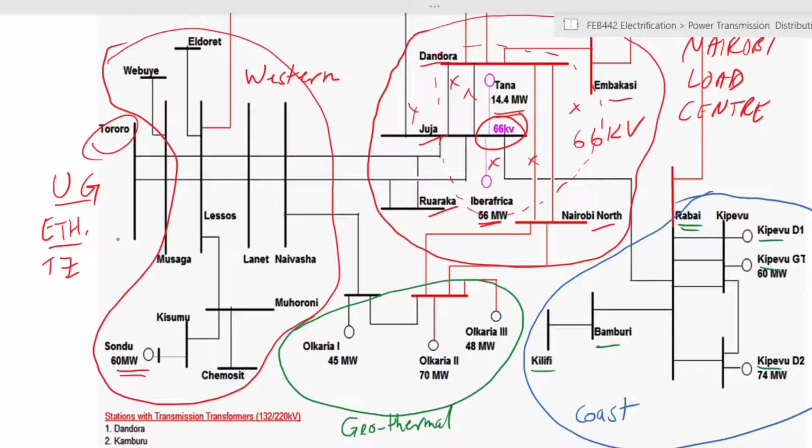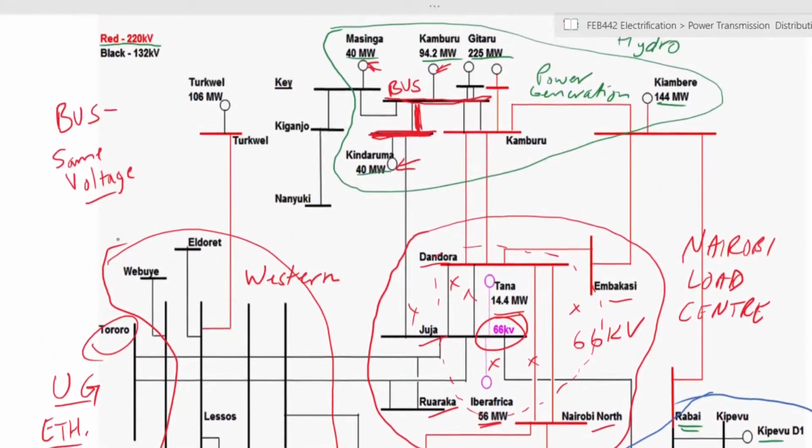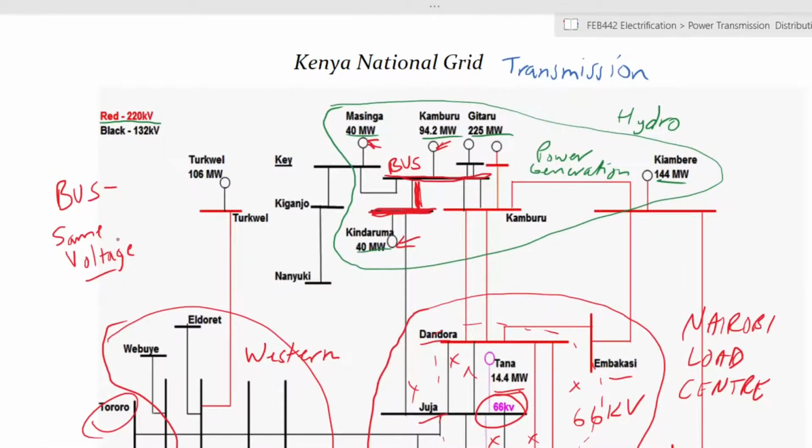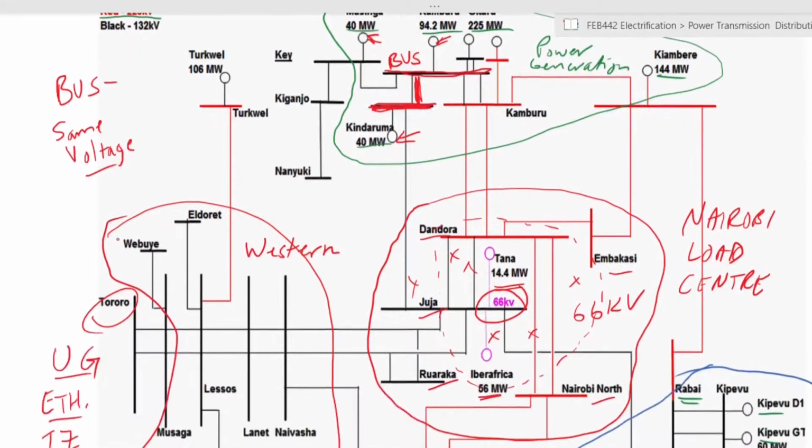Uganda used to have surplus hydroelectric power. Ethiopia has huge hydroelectric power, which they have recently, in the past few years, constructed. So you can see the concept of a national grid allows us to take power from areas where it is really being produced to areas where it is being consumed.